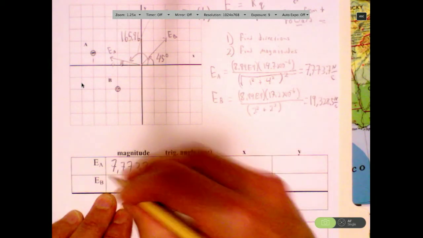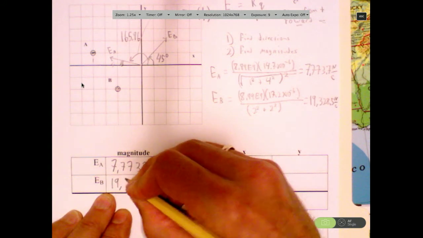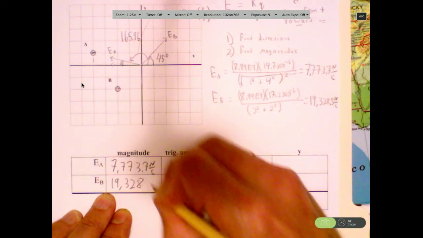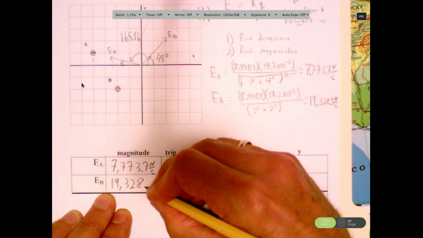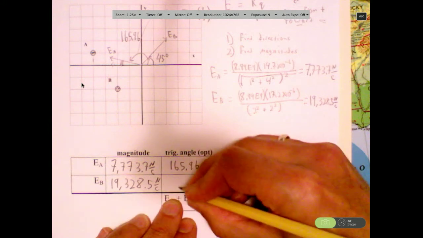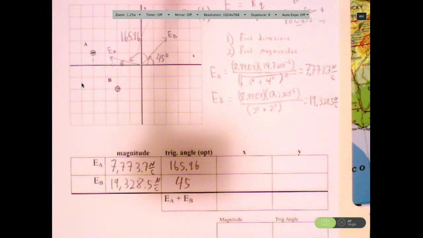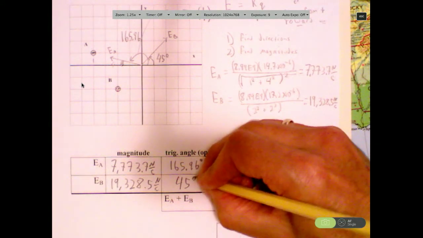For B, the magnitude was a whopping 19,328.5. Okay, that's newtons per coulomb. And that trig angle was 45 degrees. Okay, so these guys are in degrees.